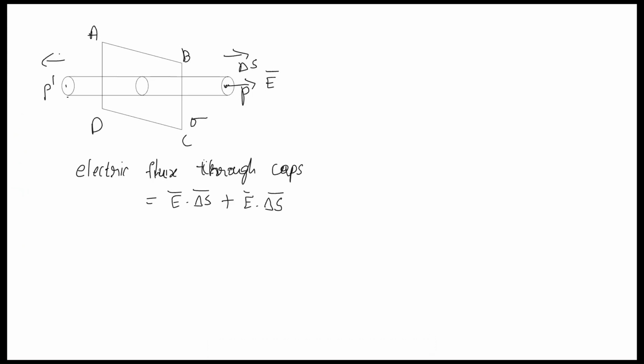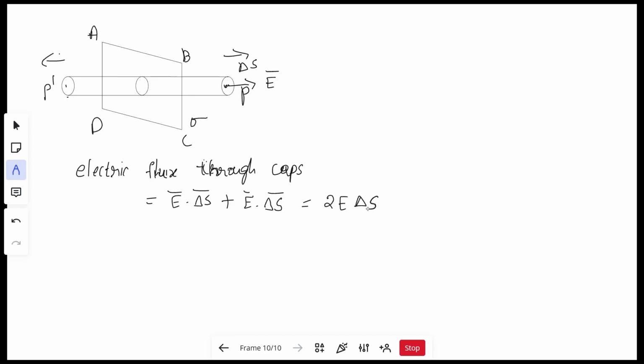Since the angle between E and del S is 0, cos theta is 1, so we will get 2E del S. And since the electric flux through the curved surface is 0, total flux is 2E del S.